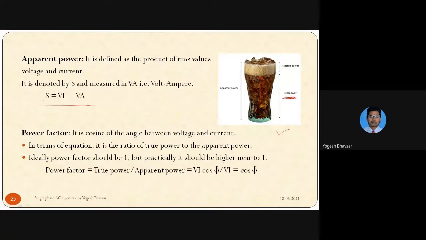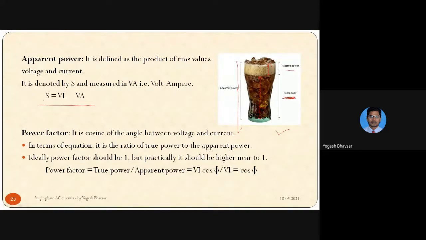And there will be a foam above this liquid. This foam is termed as the reactive power. Look at that, we are consuming it, but there is no use. And the combination of both these two will be the apparent power.